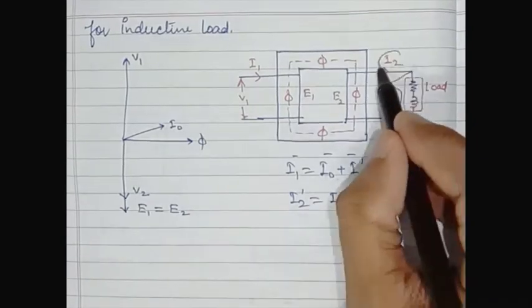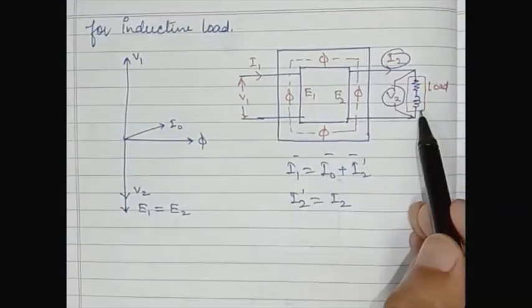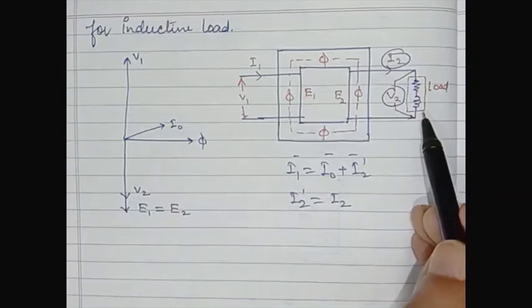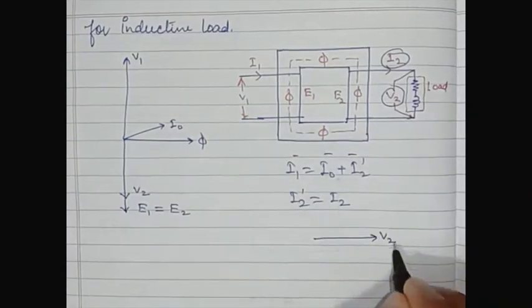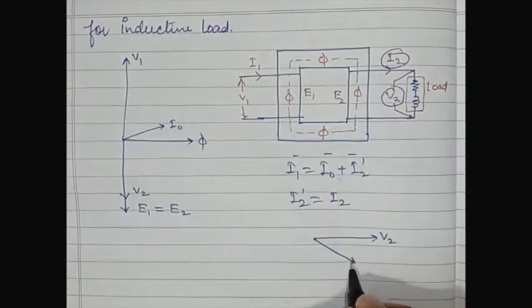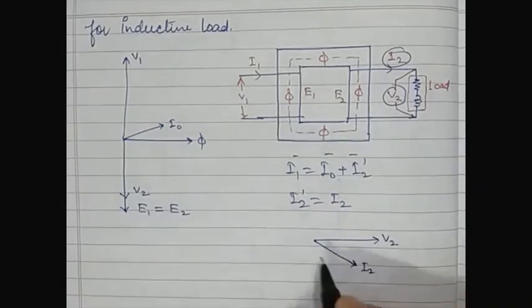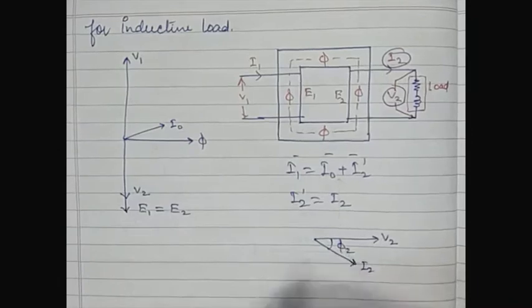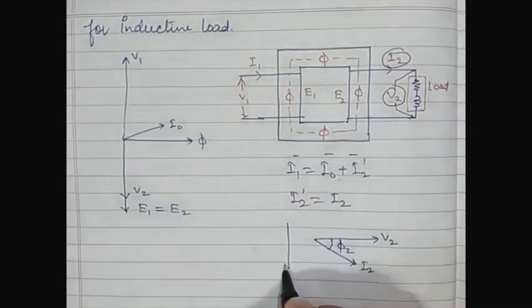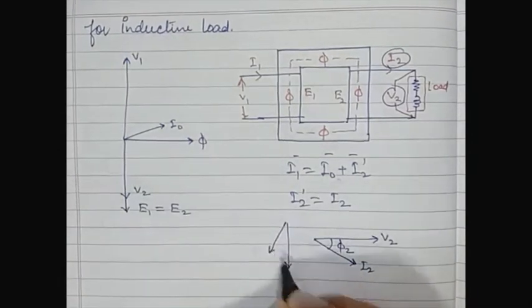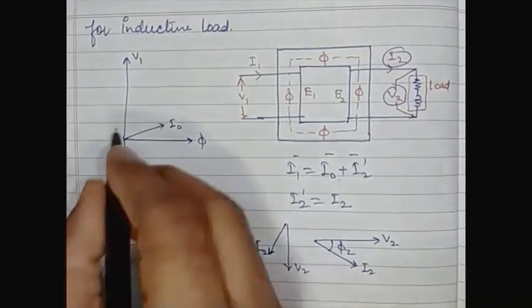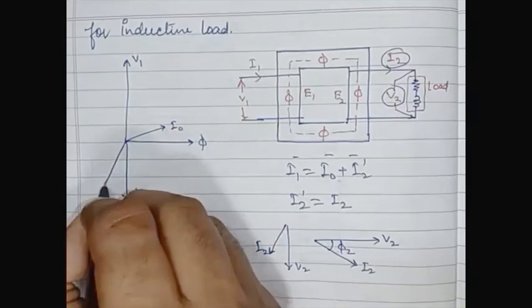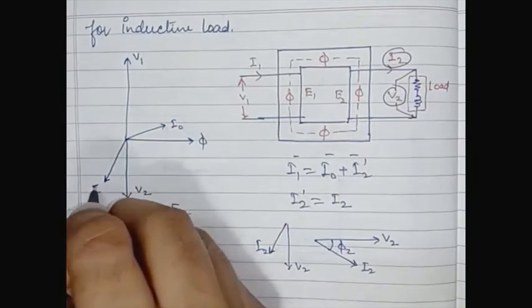The relationship between V2 and I2: it is an inductive load, so it is a lagging load. This is V2, and I2 is lagging by an angle phi 2. Tilting it, this is V2 and this is I2.